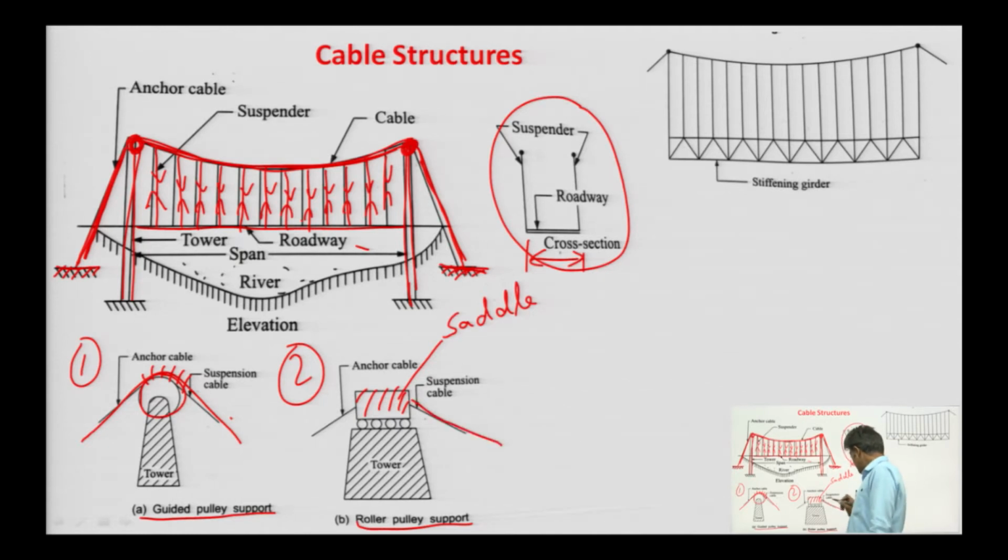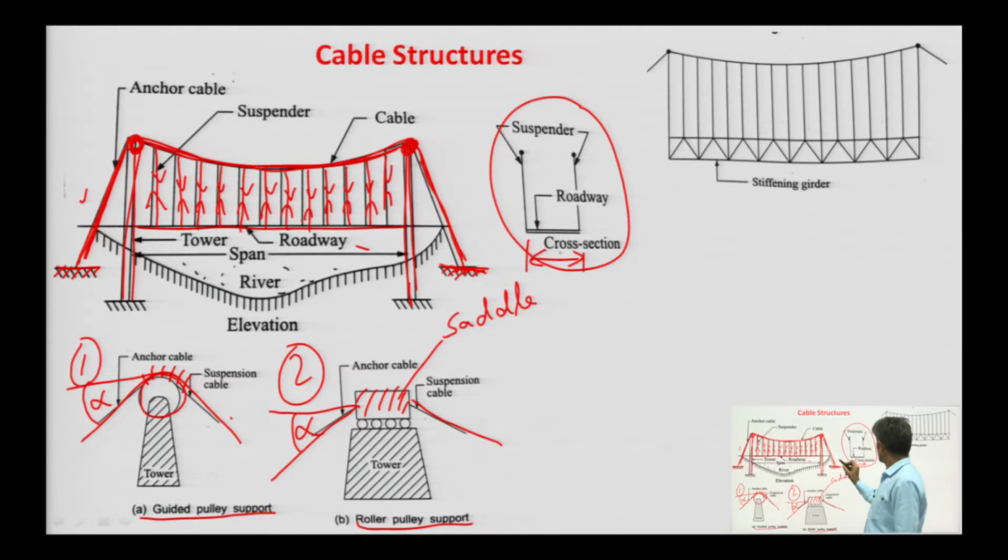At one end, this is the main cable, means suspension cable, and at another side there is an anchor cable. Okay. There may be some inclination alpha, here also alpha, okay, inclination angle from the ground.